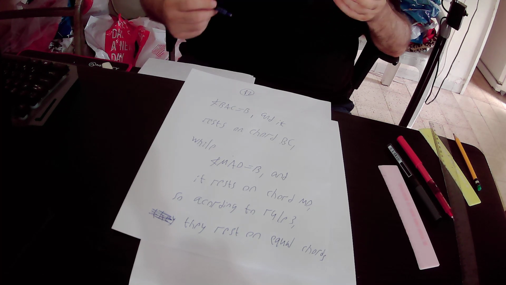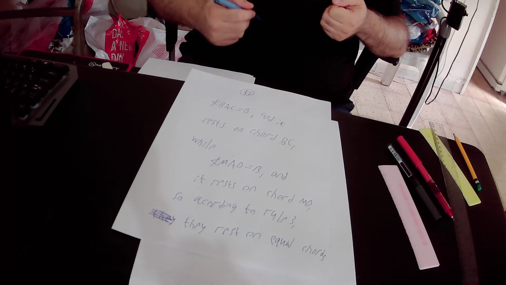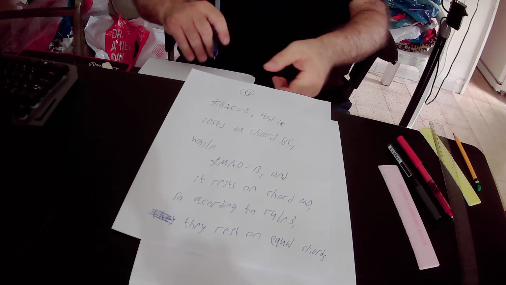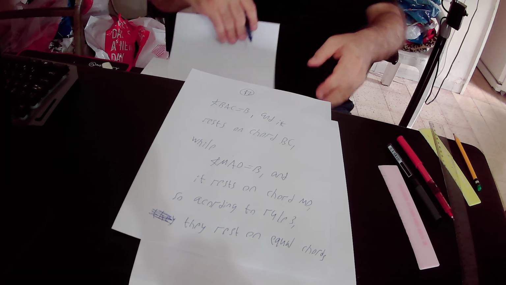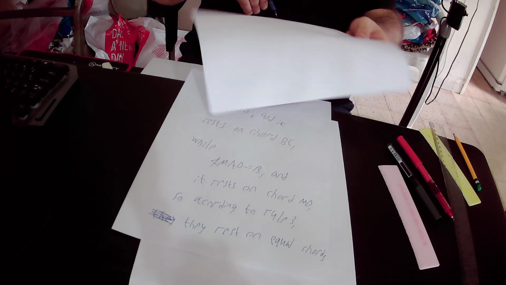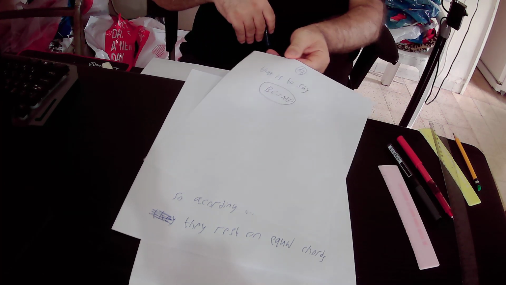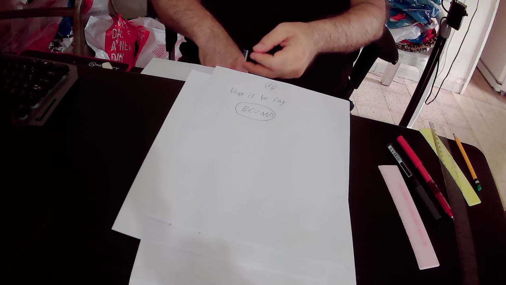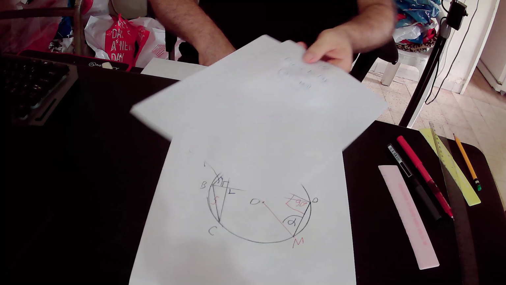Because equal peripheral angles rest on equal chords. That is rule number 3. That is to say, BC equals MD. Okay?